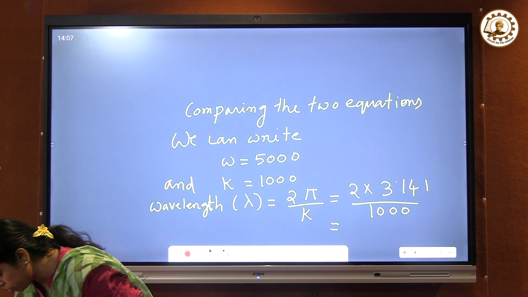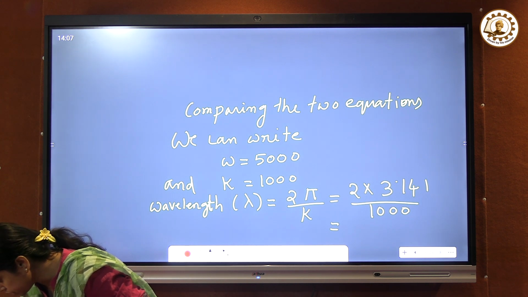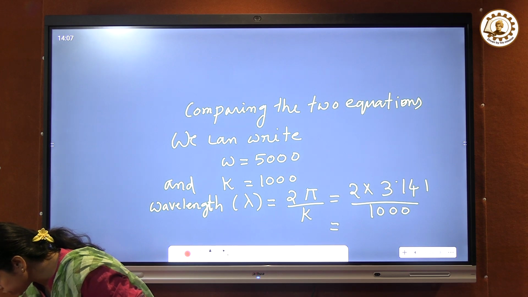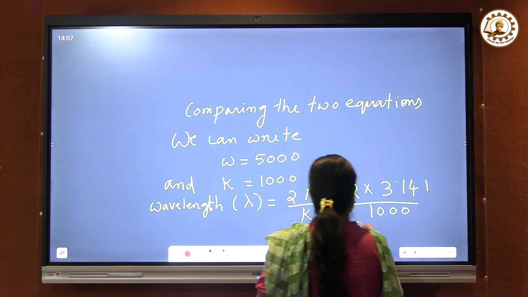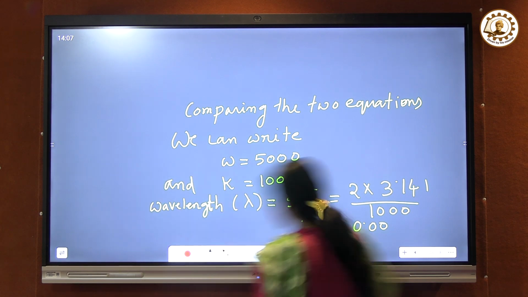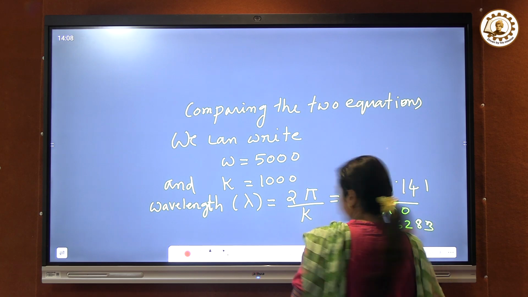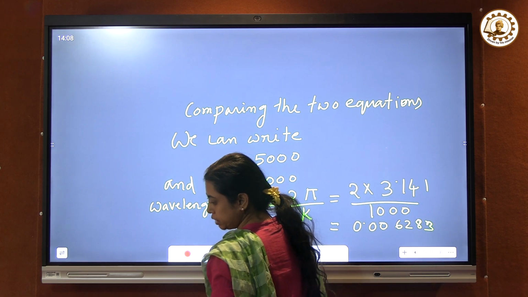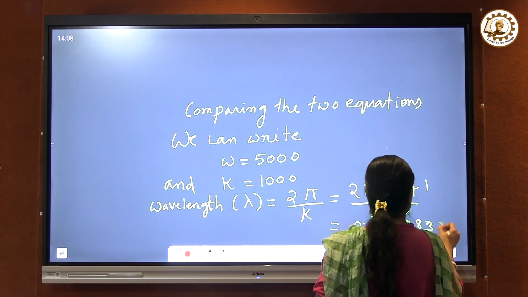It will be 2 into 3.141 divided by 1000, which is equal to 0.006283, in SI unit, so this will be in meters.